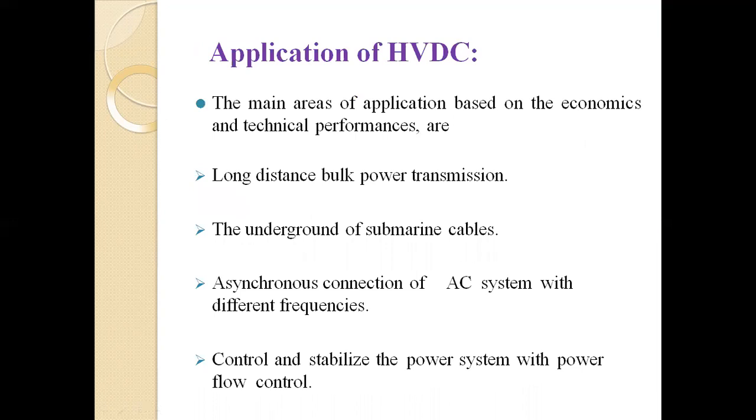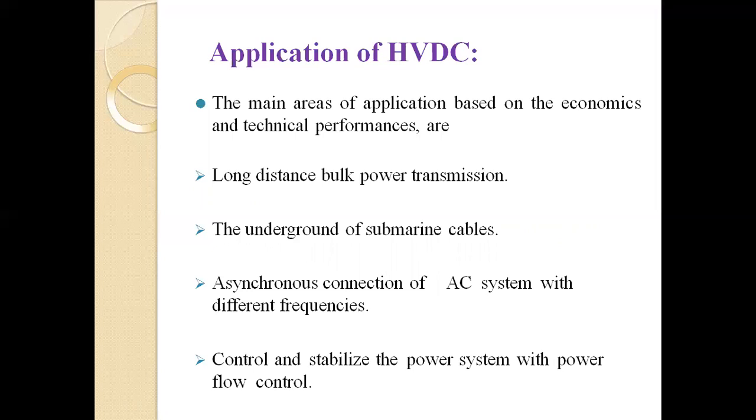So what are the applications of HVDC link? The main areas of application, based on economics and technical performance, are: first, long distance bulk power transmission, which means we can transmit a heavy amount of power from one end to another end. Second, underground or submarine cables.